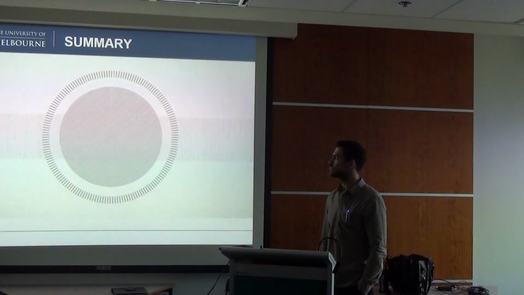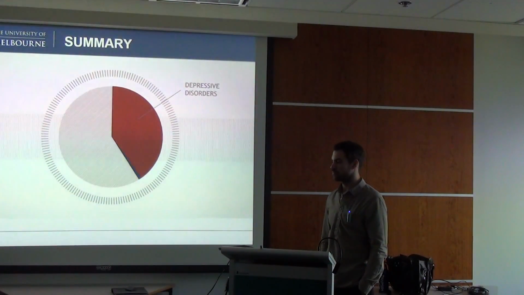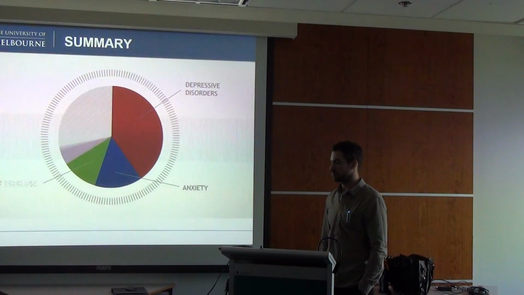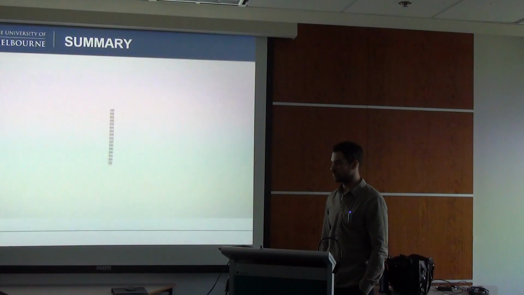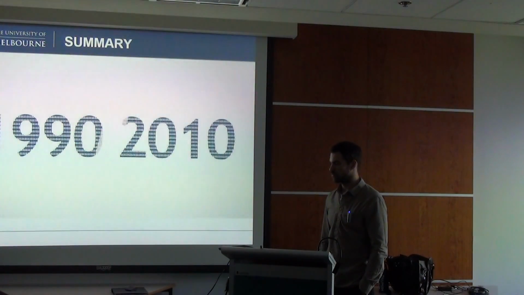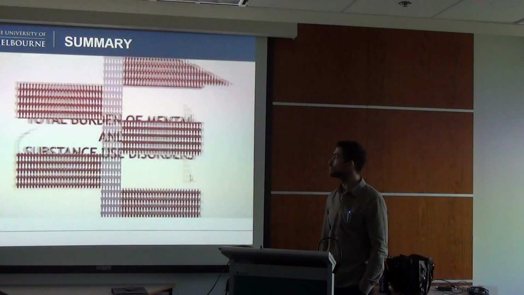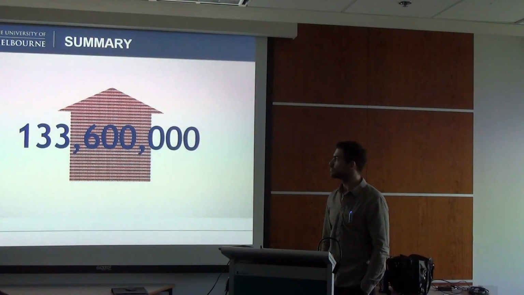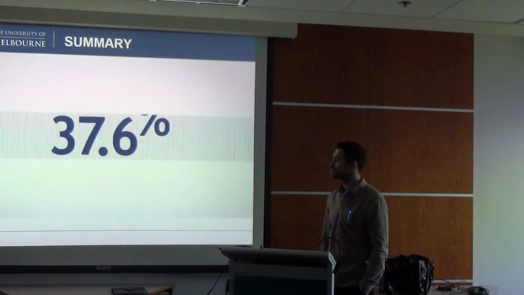Depressive disorders have the highest proportion of total burden across all regions, followed by anxiety and drug and alcohol disorders. The GBD 2010 results for 1990 and 2010 show the total burden of mental and substance use disorders increased from 133.6 million DALYs in 1990 to 183.9 million, a rise of 37.6%.